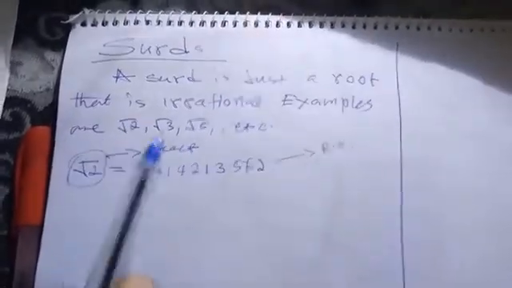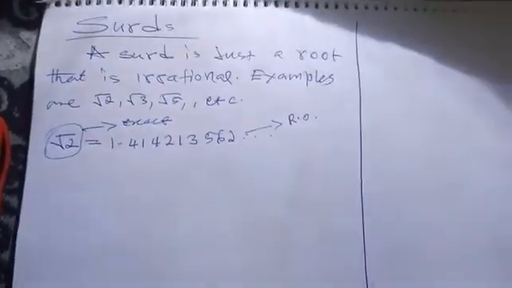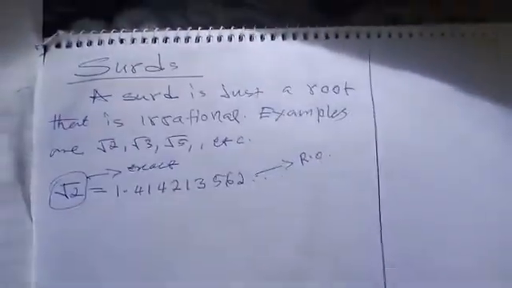So we have root 3, root 5, root 7, root 11, and so on and so forth. These are all surds.